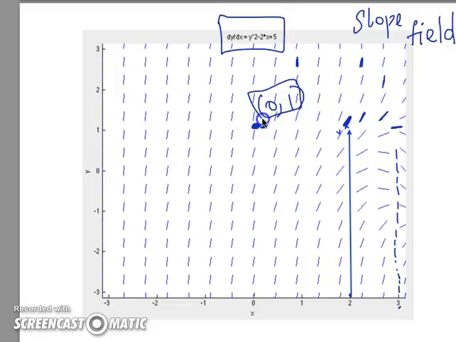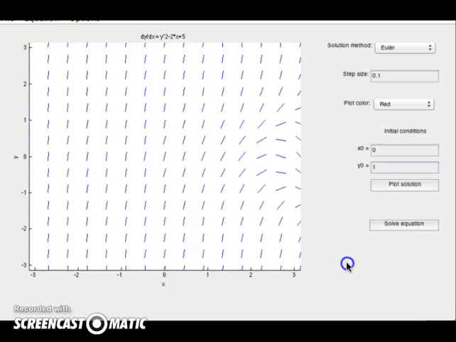That point in the two-dimensional plane with an x coordinate and a y coordinate could then serve as information that we use in the initial conditions. For example, I'm going to specify that I want an initial condition with x equals 0 and y equals 1.